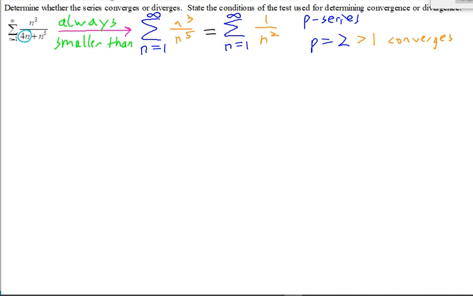So we can say this series converges by the direct comparison test.